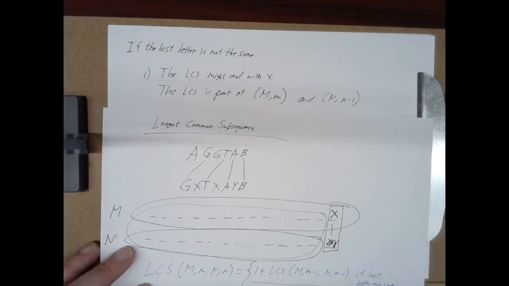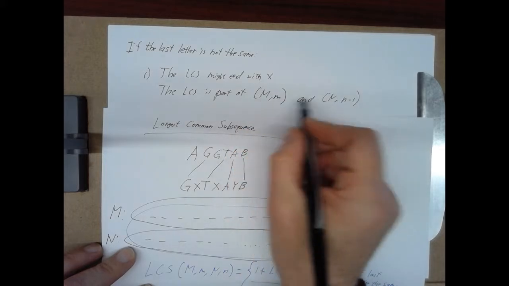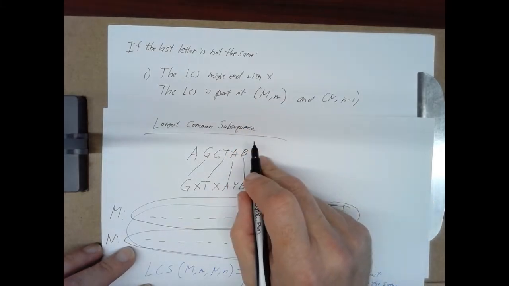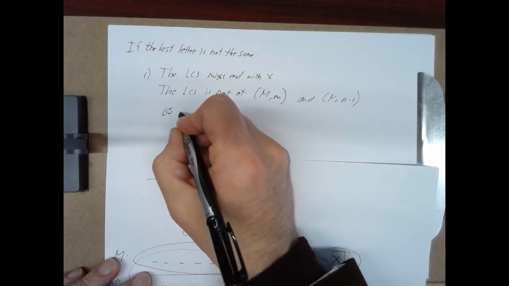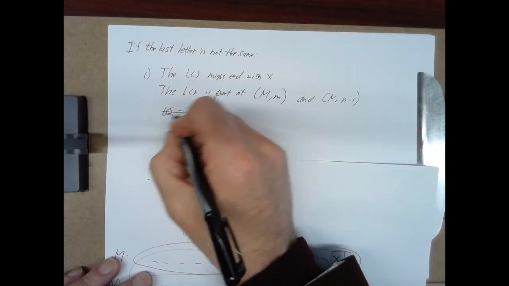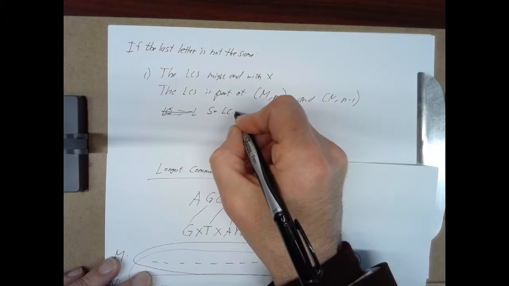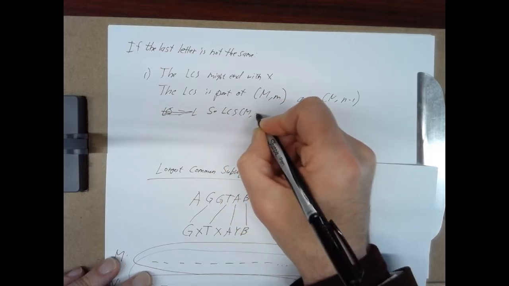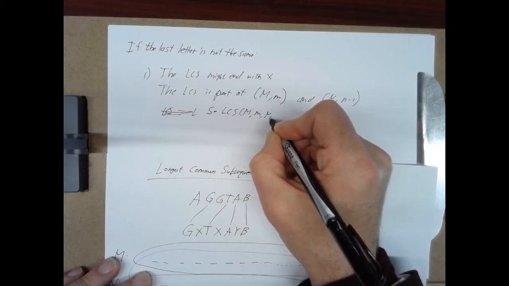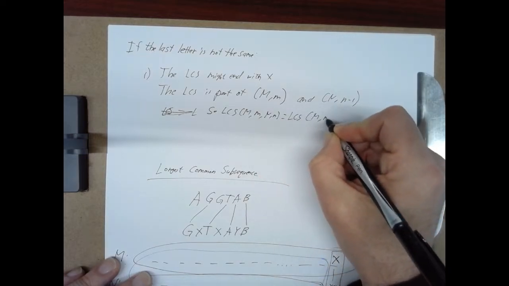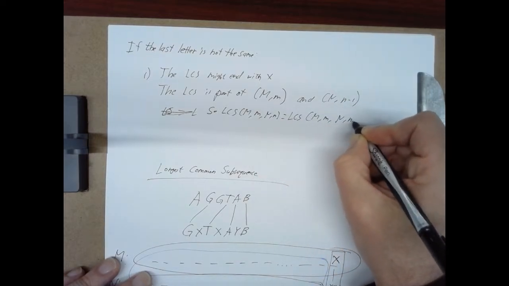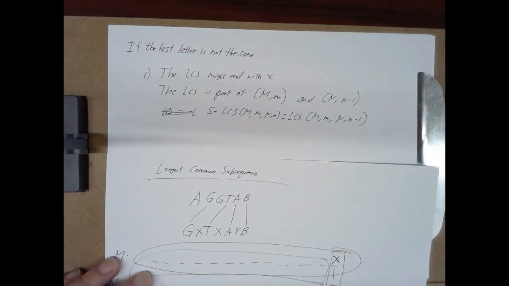Which means the LCS is a common subsequence to these two strings. So the LCS of our two original strings equals the LCS of these two strings.